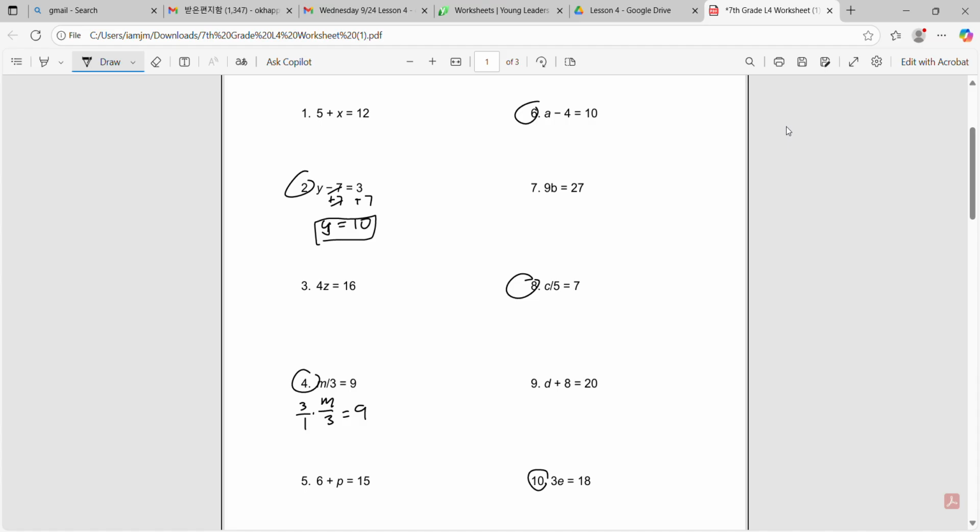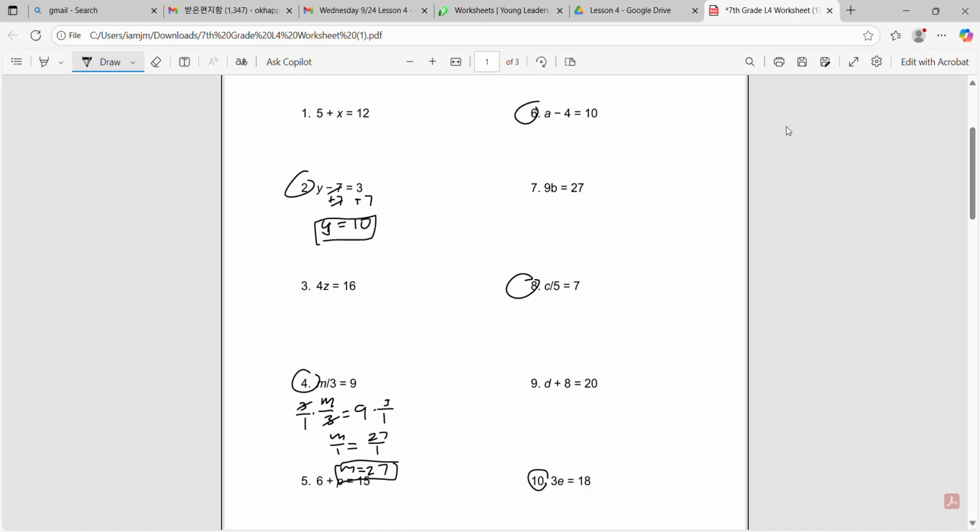So m/3 times 3. Cross these out, 3. You'll get m/1 equals m, times 9 times 3, 27/1. M equals 27.